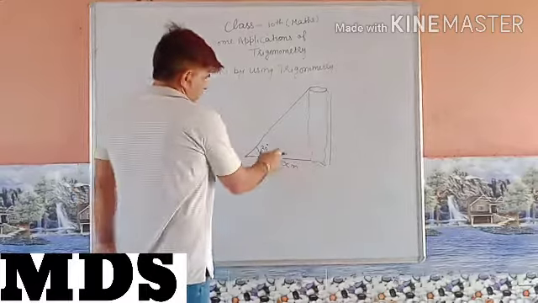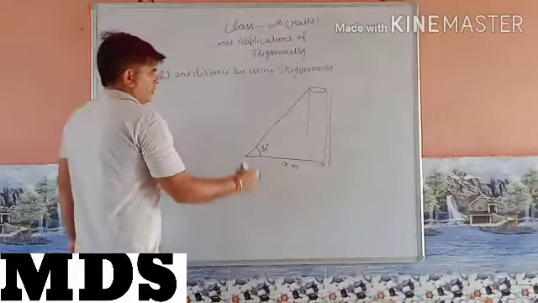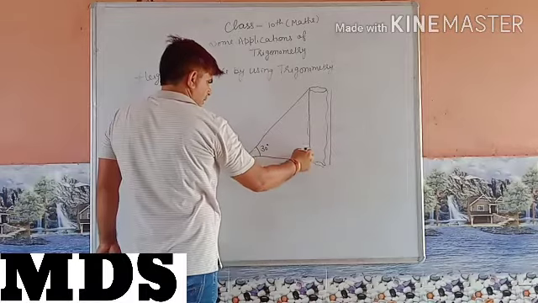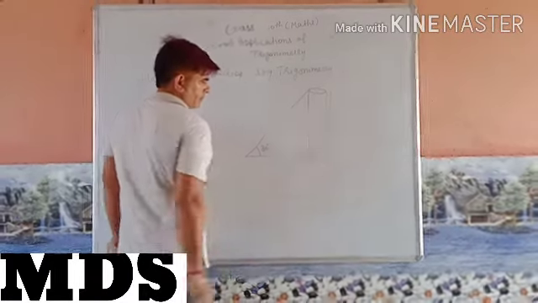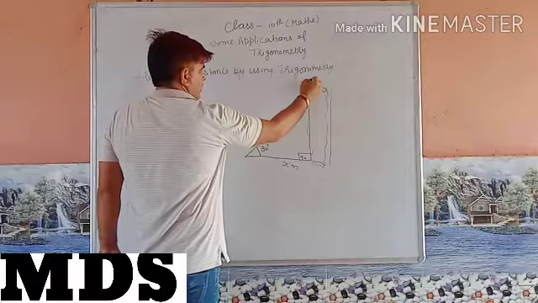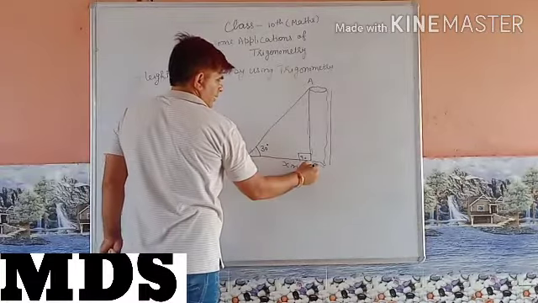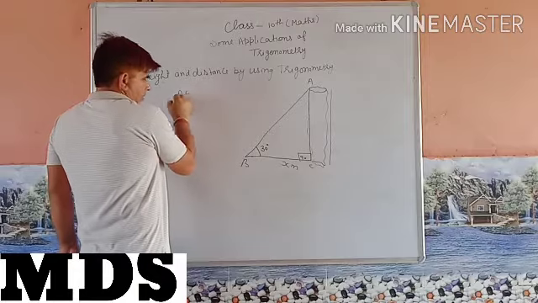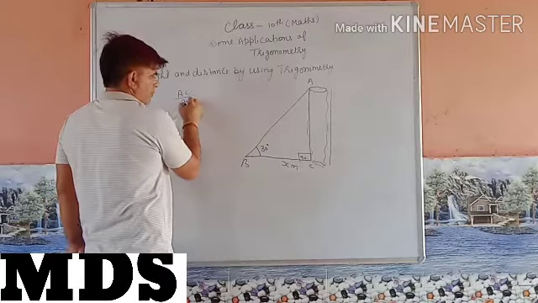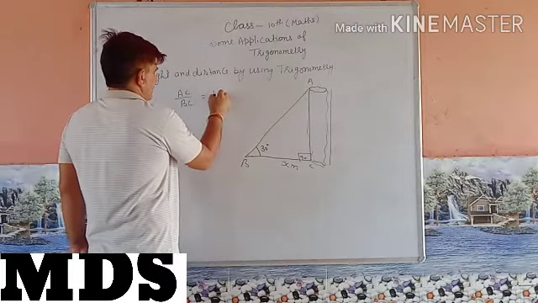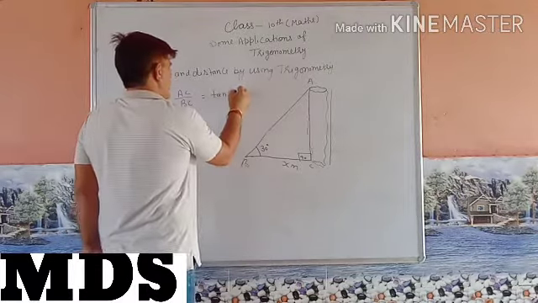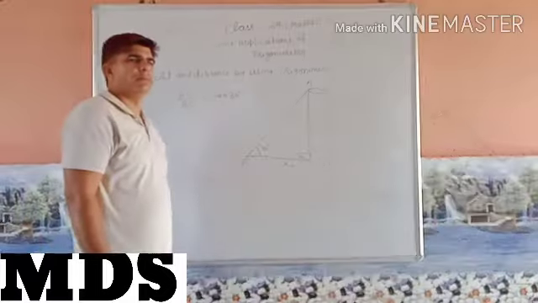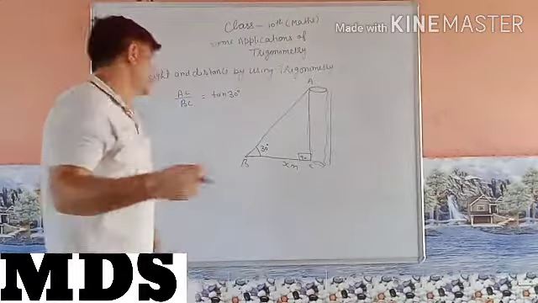So first I want to tell how you can measure this. It becomes a right angle triangle. This angle is 90 degrees. So let this point be A, B, and this is C. AC by BC is tangent 30 degrees.